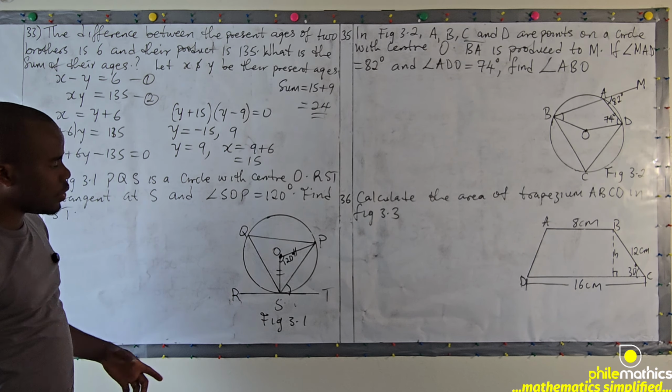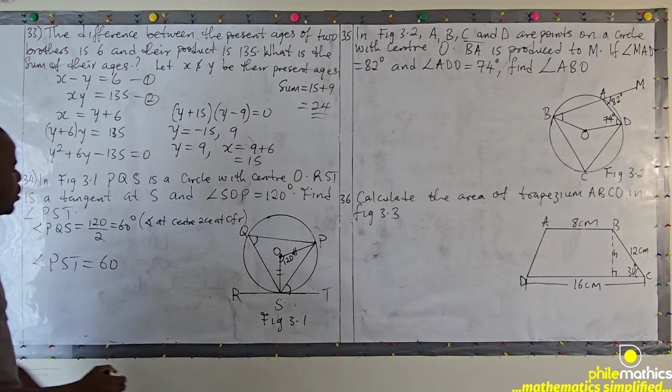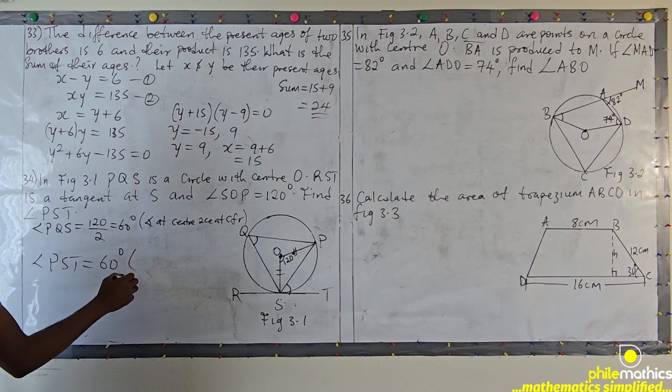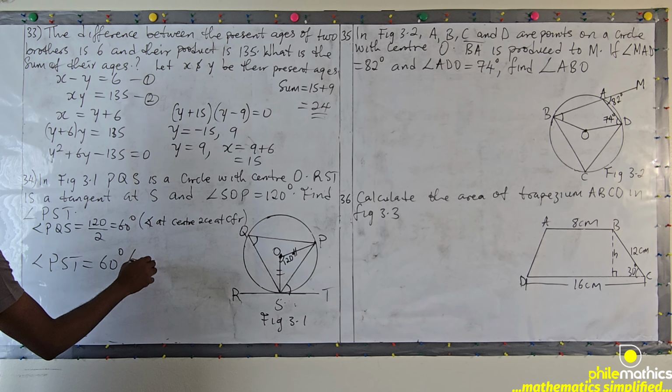But what we are looking for is this. Angle PST is simply this angle here, this 60 degrees, because of angles in the alternate segment.